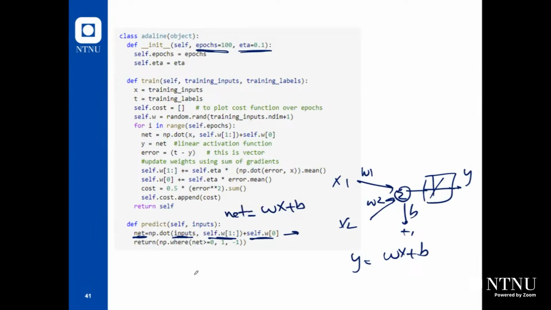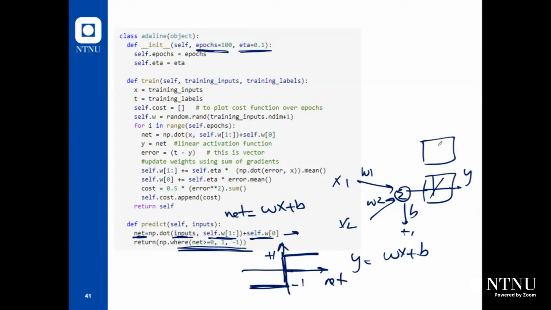After that, we will apply the activation function. In fact, this function is the hard limit, right? We can say that if net is greater than or equal to 0, the output will be +1, otherwise it will be -1. So in this case we are applying this function, not this function, sorry.